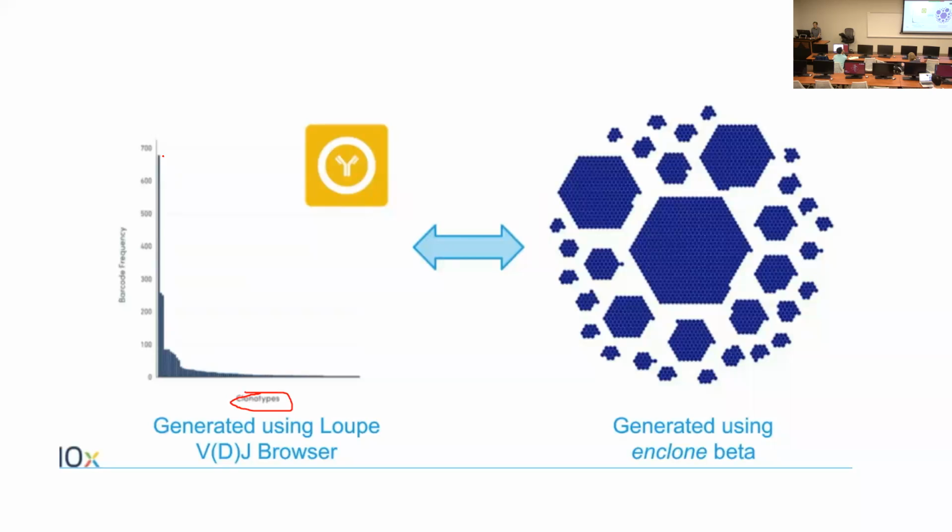You see the majority one appeared in most of the cells. And then immediately you have a quick drop in the frequency of particular clonal types within the population of cells. Then you can present it this way. This is the most frequent one, the same clonal type in most of the cells.